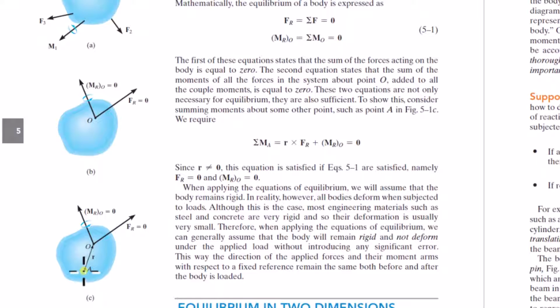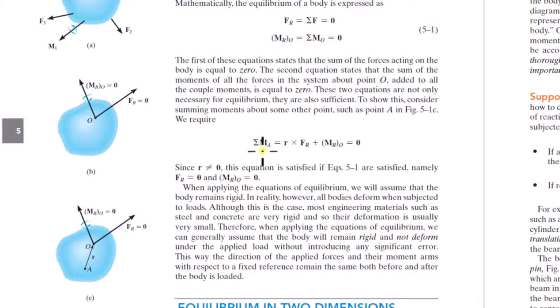We do a vector sum of all the forces and move that force vector to point A. Well, there's just one force, so just move the force vector here. Then we find the moment of this one force about point A, and also move the couple moment to point A, and sum those two vectors.